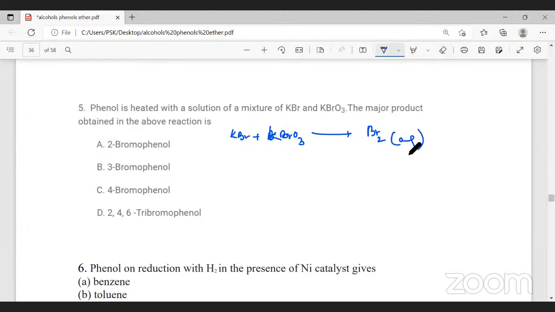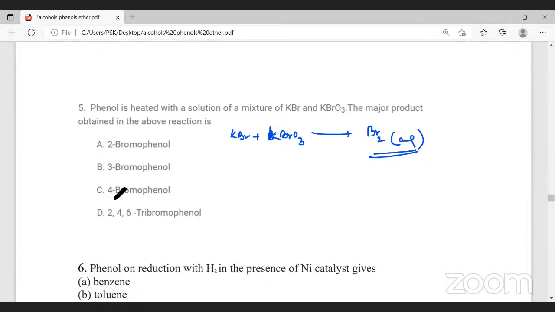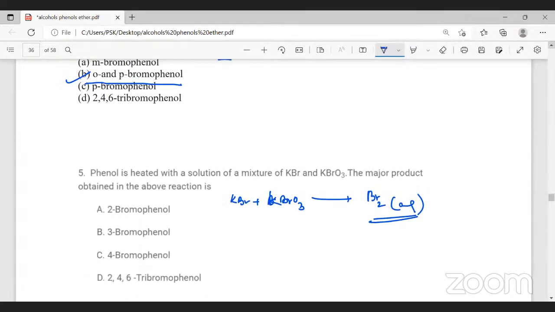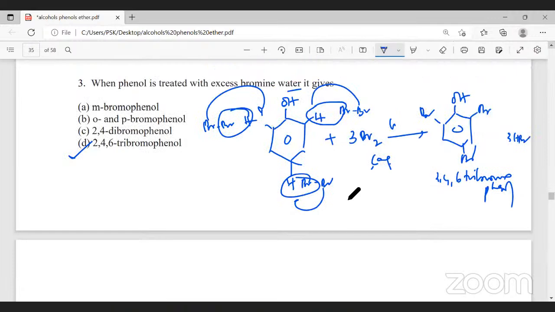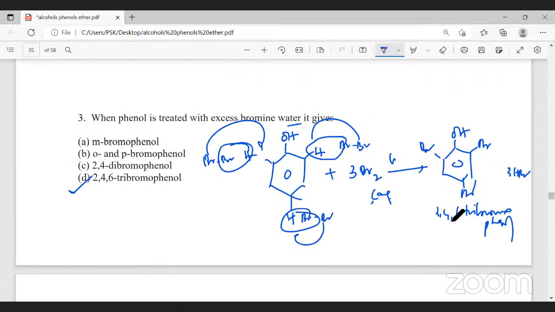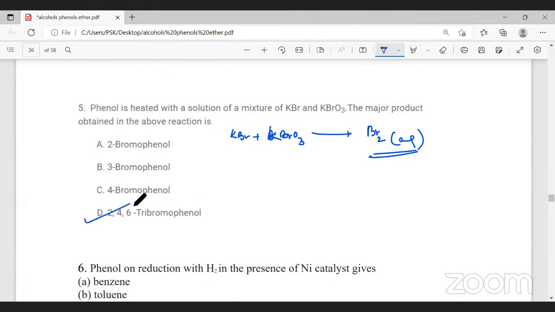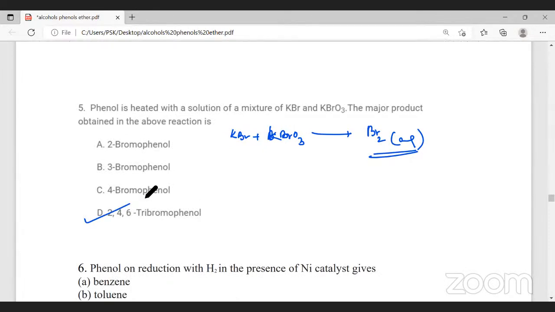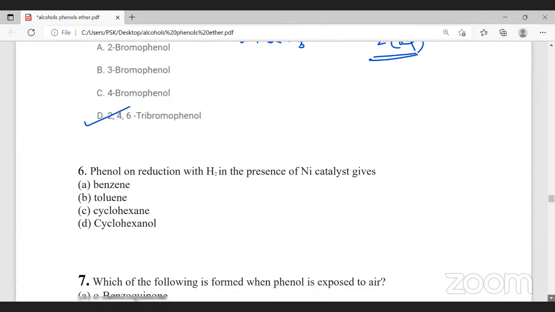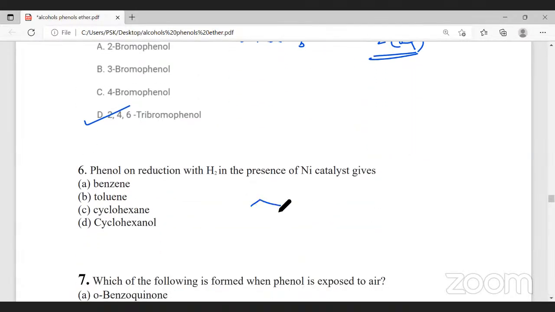When we have bromine in aqueous medium, what's the product you will get? We learned it now. When aqueous bromine we are using, what do you get? 2,4,6-tribromo. Therefore the answer will be option D. 2,4,6-tribromophenol.